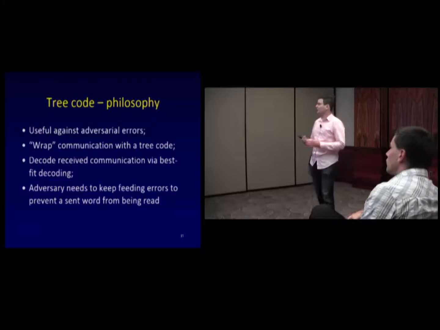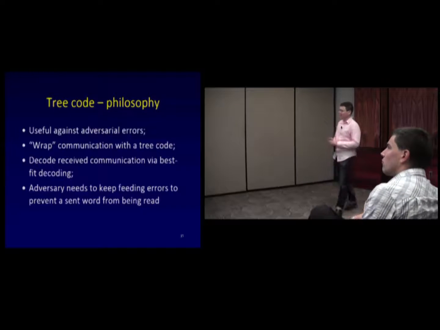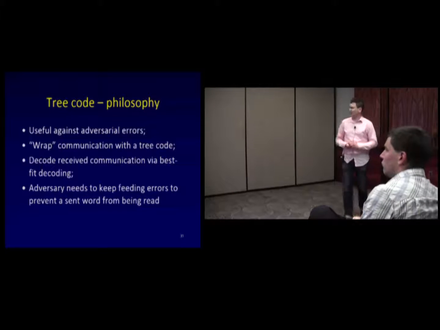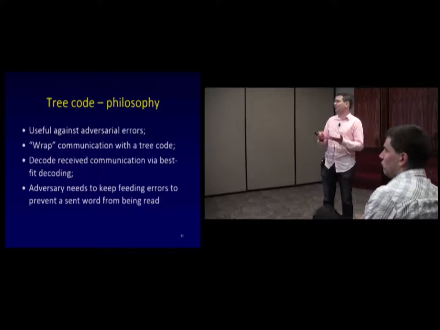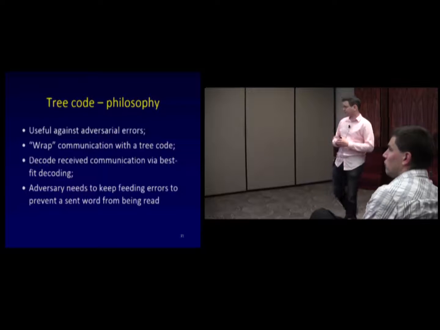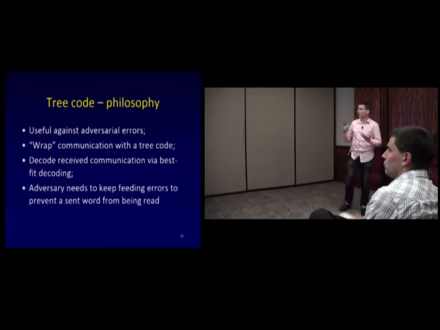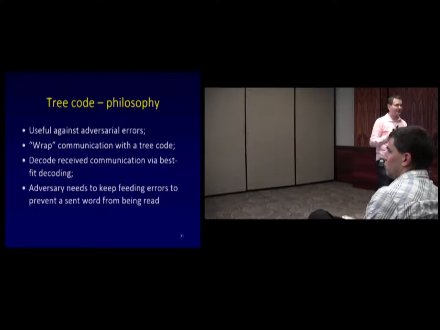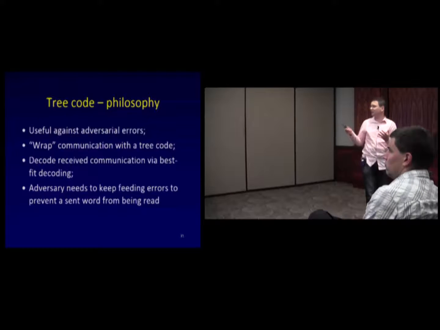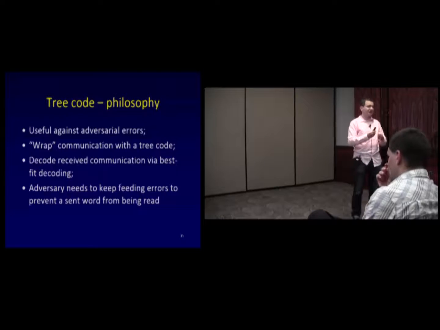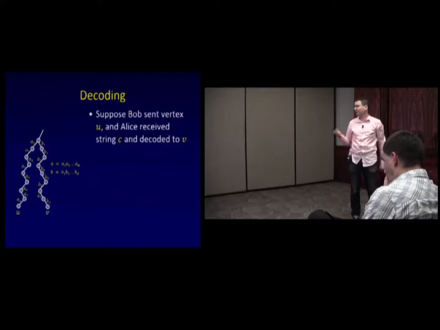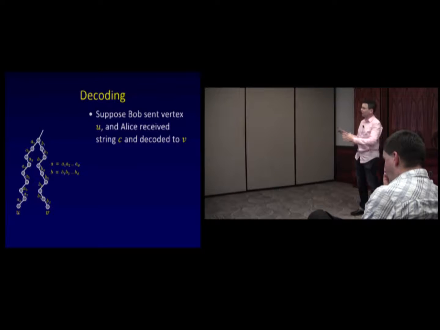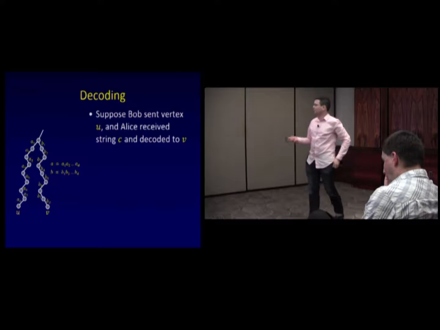Okay, so some more philosophy. It's useful against adversarial error. What we do is we wrap communication with a tree code, and we decode using best fit decoding. And so the point is that the adversary, to prevent a word from being read that's been sent a long time ago, will need to pump a lot of errors in. So let me draw you a picture.